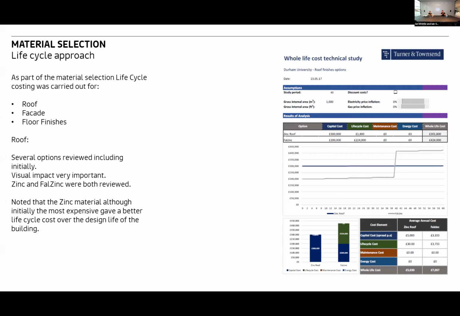The options for zinc were obviously a standard zinc roof and then a foil zinc roof, but as you can see from the costings and the life cycle costings we did, the zinc roof itself across the whole life of the building put that at the forefront, and that was the material we went for almost immediately for the roof on the building.